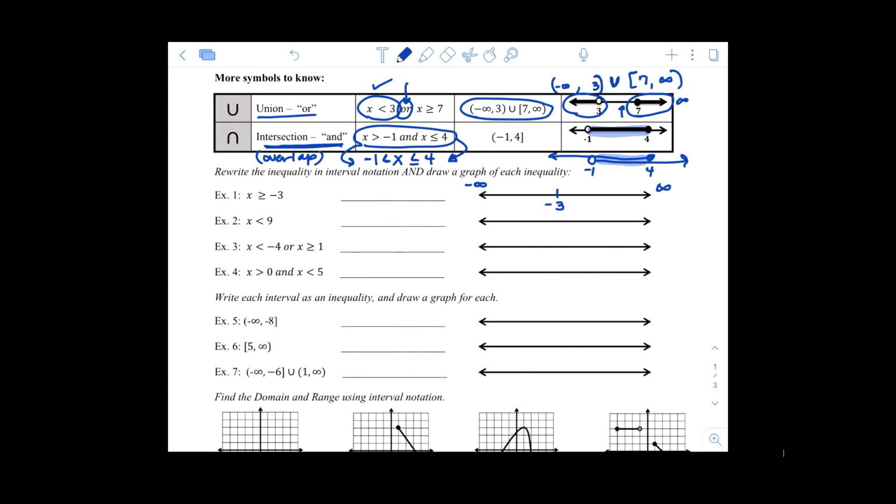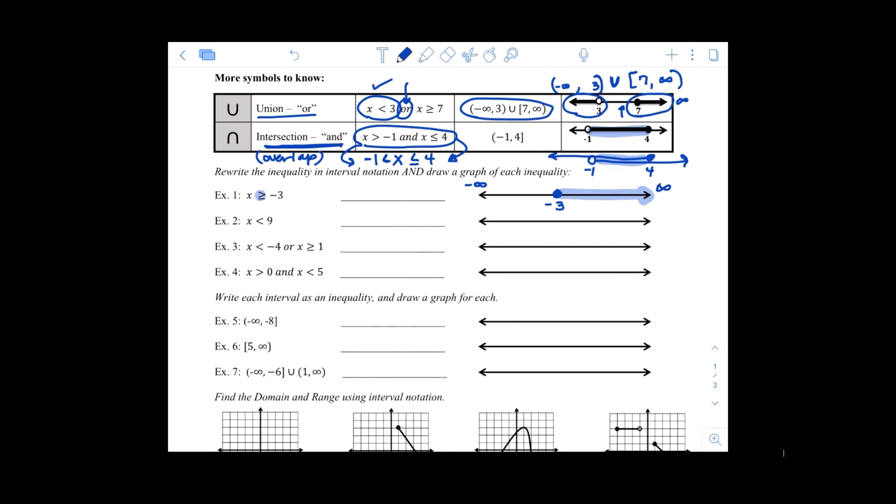Because of that equal to bar, I would need to make sure I do a closed circle at negative 3. What would I shade? Well, if x is greater than, that would be everything greater than on a number line, which means everything to the right, everything towards greater values, positive infinity.